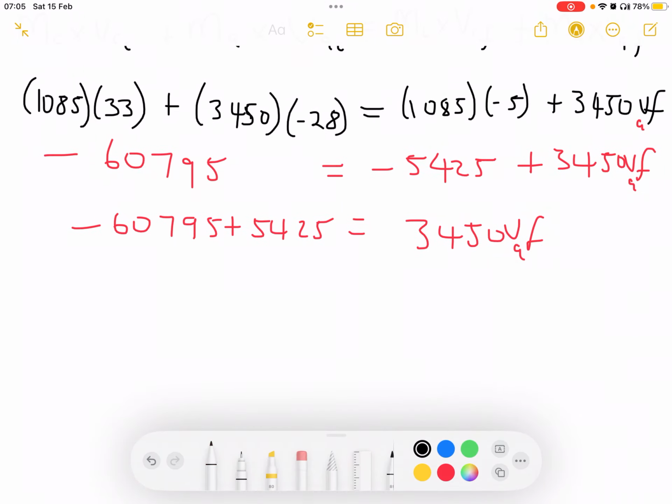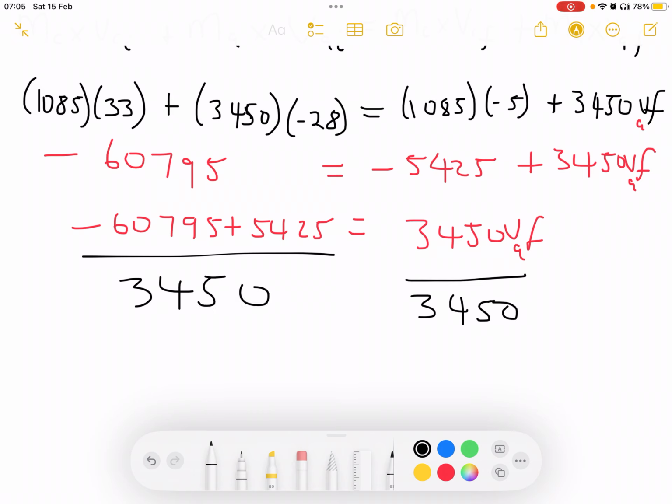Let us divide on both sides by 3450, and then our V of ambulance, finally or after, will be equal to minus 16.05 meters per second.